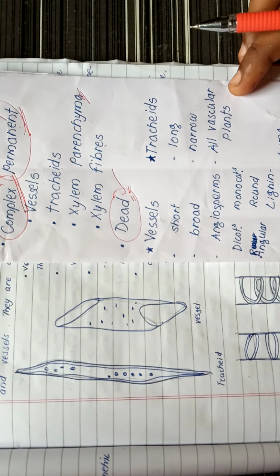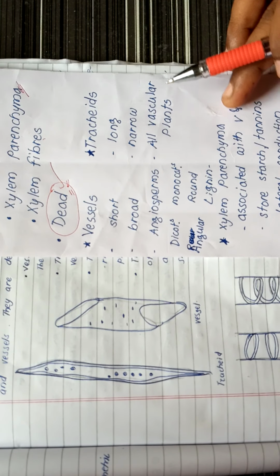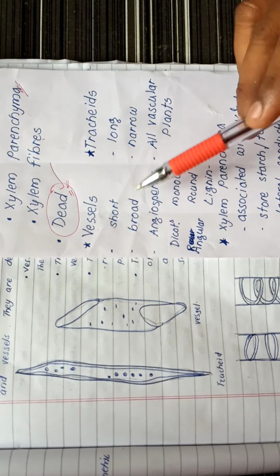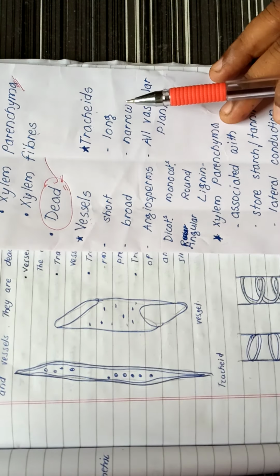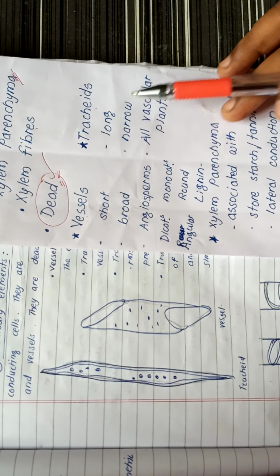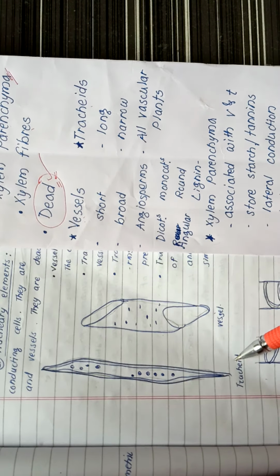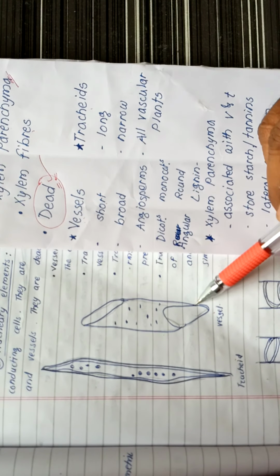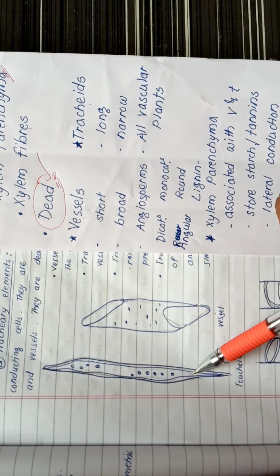Now, we'll discuss these elements one by one. Firstly, the vessels. We'll study vessels and tracheids comparatively. Here, this is the vessel and this is the tracheid. The vessel is short. The tracheid is long.